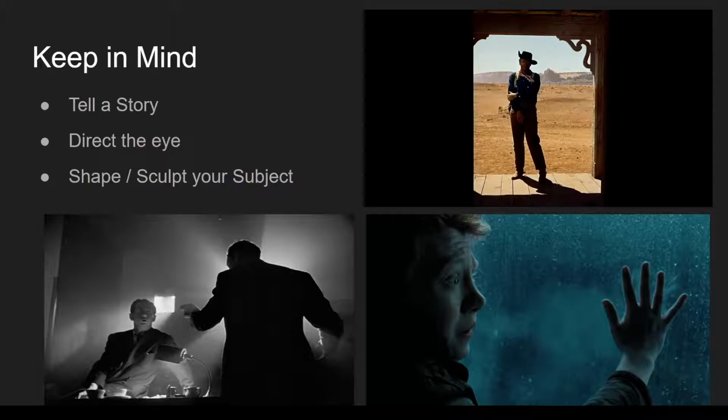Take for instance this shot from one of the Harry Potter movies with Ron, right? We have this moment, which I think was with the Dementors, coming onto the train. It's supposed to be a spooky moment, and so you have this shot where Ron is looking at his hand on the window, or he's trying to look out the window, and it's really cold, so you have this blue, cold lighting that feels cold, feels dark, feels a little sinister.